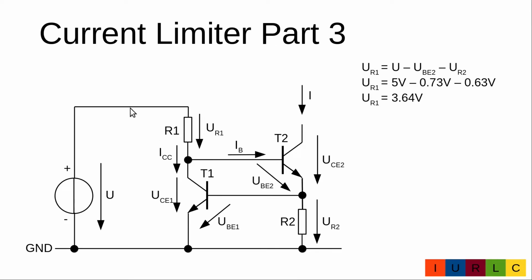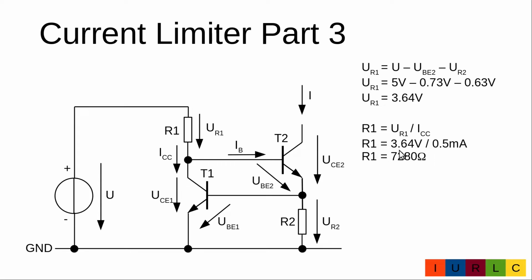It's the control voltage U2 minus the base emitter voltage of transistor T2 minus the voltage drop at the current sense resistor R2. It's 5 volt minus 0.73 volt minus 0.63 volt. It's 3.64 volt.